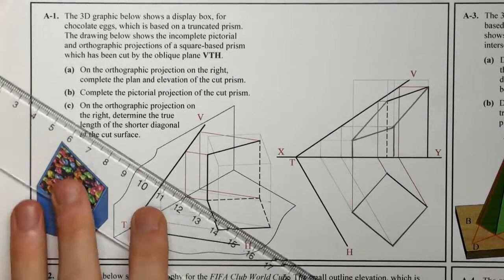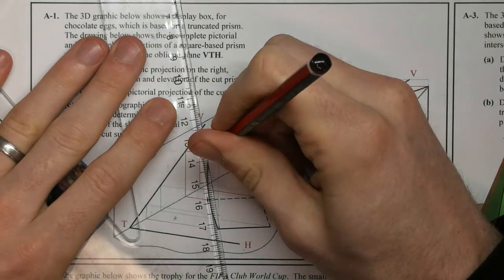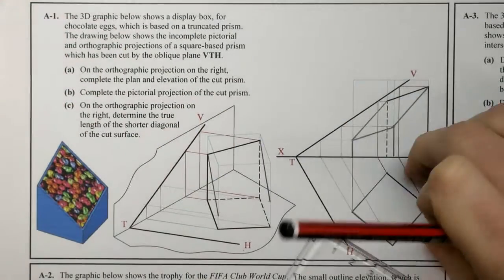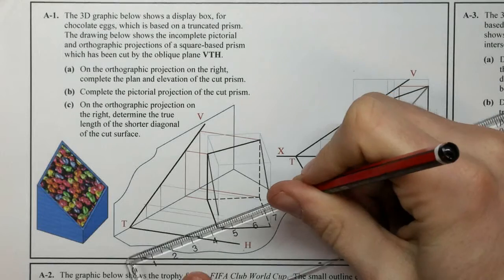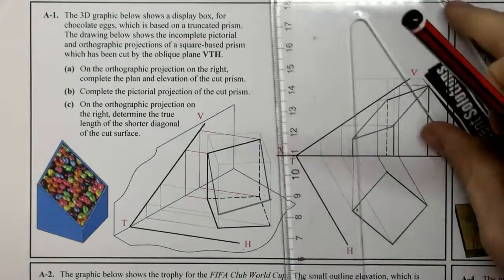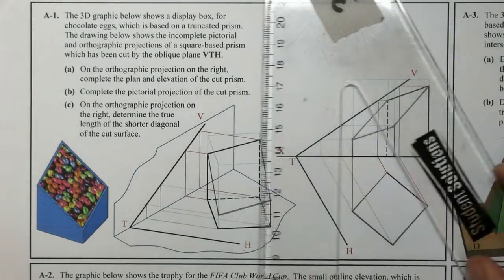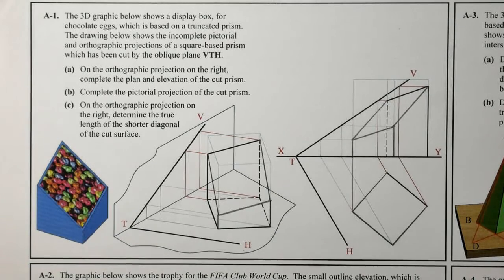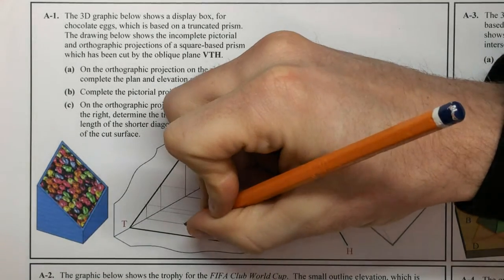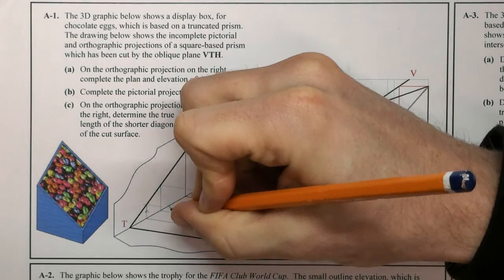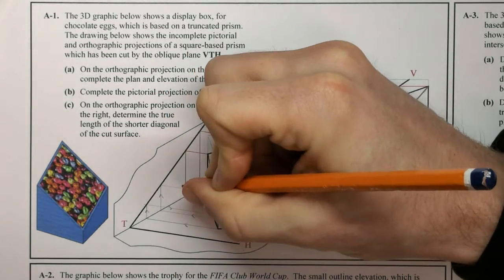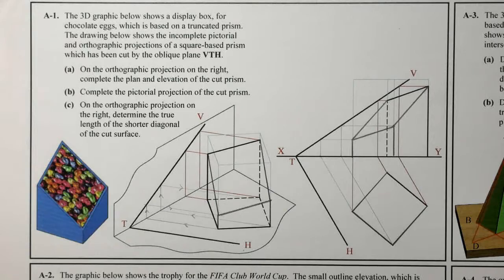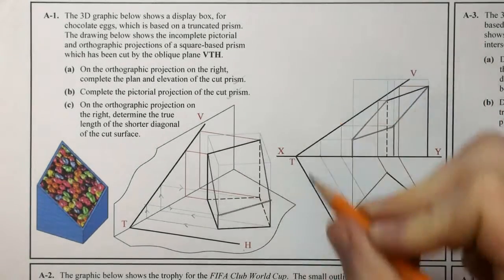And that will allow us to draw our cut surface. Put in the edges there. I'll just put in those arrows to show you that's what I've done, and then back. That was easy enough because we're mimicking what is essentially being given to us. So that's part A and B completed.